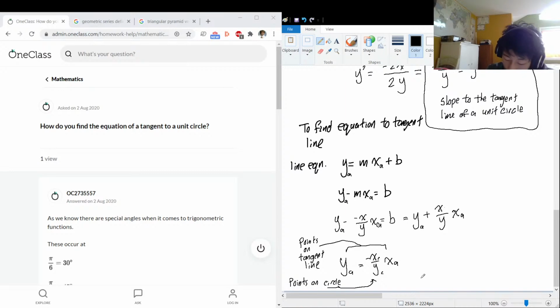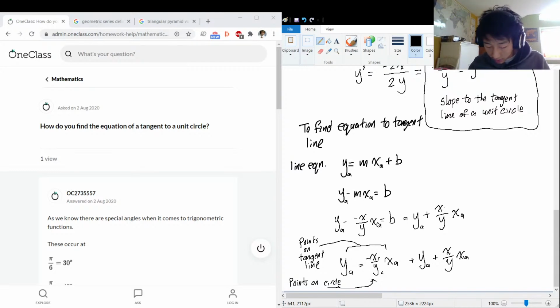So we have that. That's our slope times our x of the line plus our b value, and our b value is this thing, plus ya plus x over y xa.